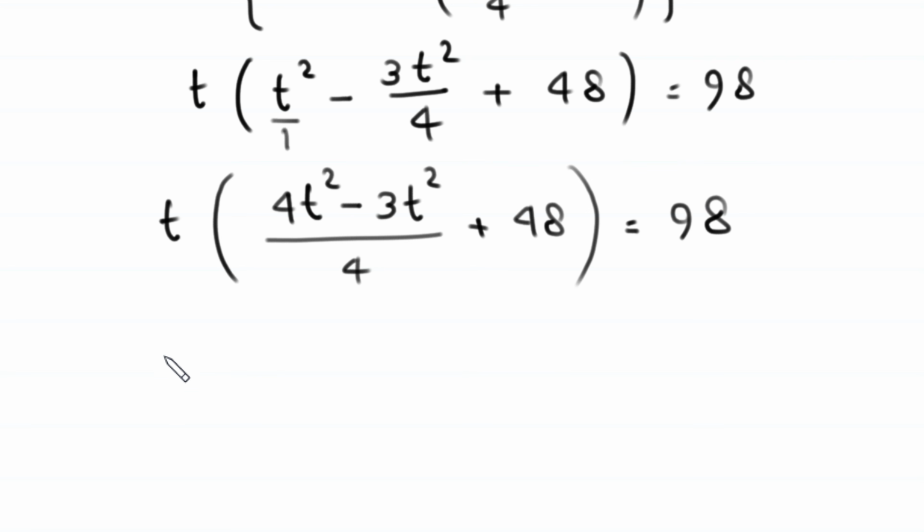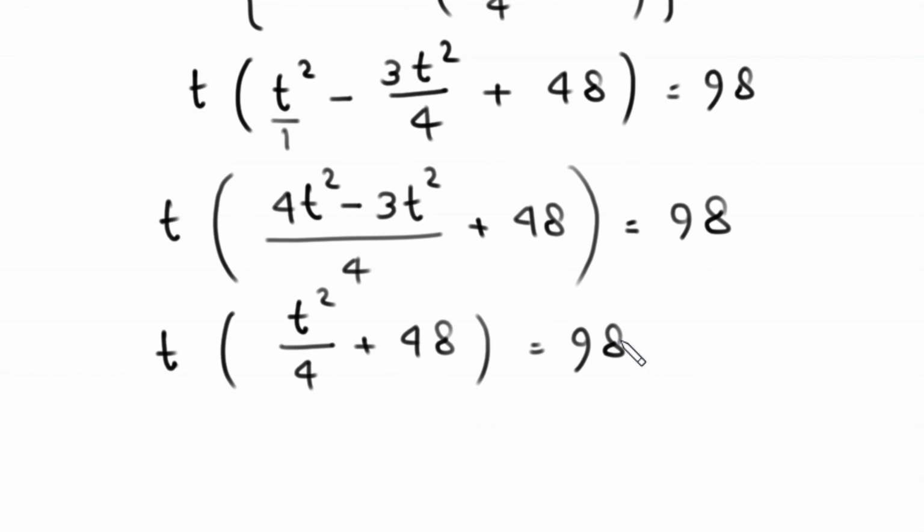Further simplify, this will become t times 4t squared minus 3t squared will become t squared divided by 4 plus 48 equal to 98. Distribute this: t times t squared will become t cubed divided by 4 plus t times 48 will become 48t equal to 98.